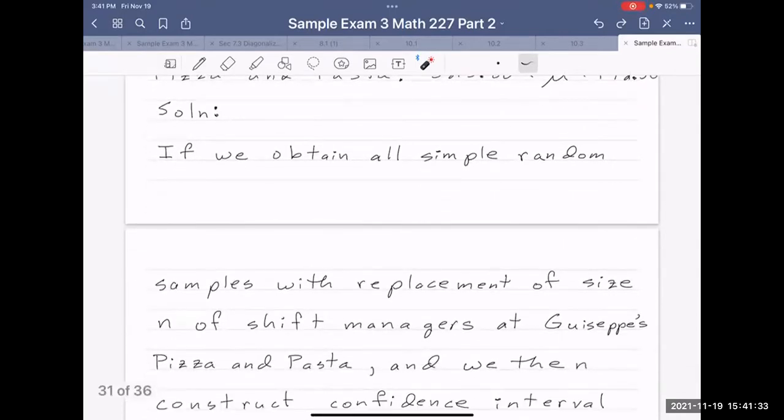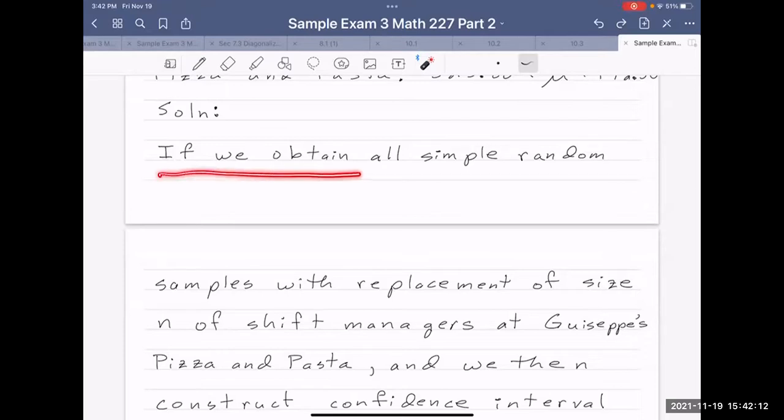So let me state it in the way that it was stated from the online choices. Oh no, this wasn't a multiple choice. So this is where you're supposed to just type in the answer.